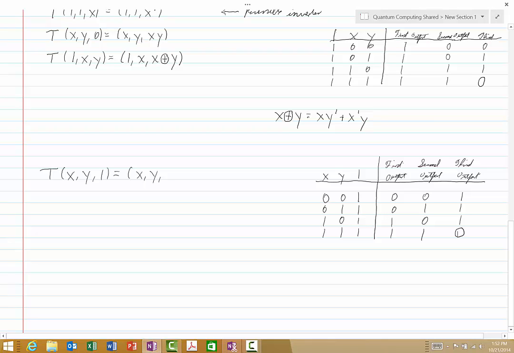And so now think about this. Just look at X and Y, look at the first 2 columns, and look at this last column. It is equal to 1 in all cases except when X and Y are both 1, in which case it is equal to 0. And so what is this equal to? This is the NAND.